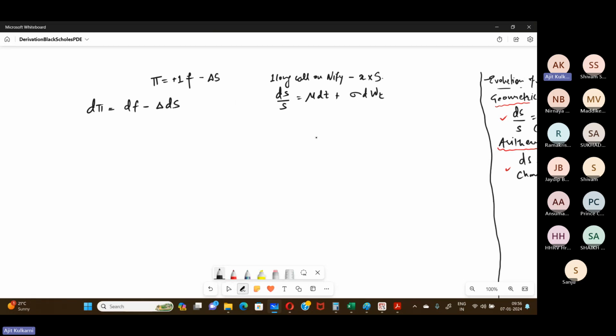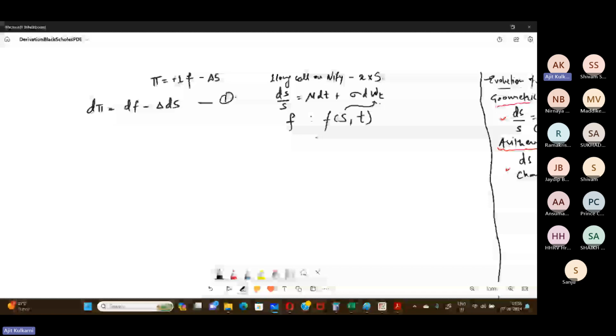This is equation 1. f is essentially a function of the underlying stock and time to expiry. Now the stock itself is a function of a Brownian motion or a Wiener process. Let us keep that in mind.